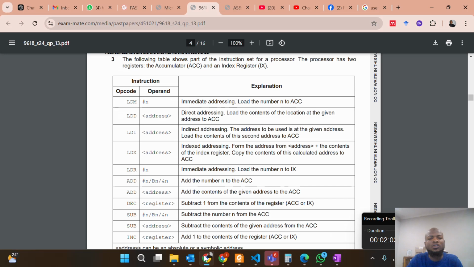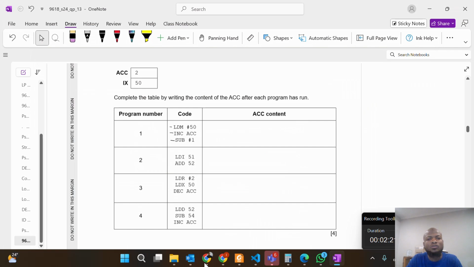When you are to do this, go to the table provided for you. LDM means immediate addressing. Load the number into the accumulator. So this number after LDM is loaded into the accumulator. If you go back to the question, the number is 50. So that means 50 is loaded into the accumulator.